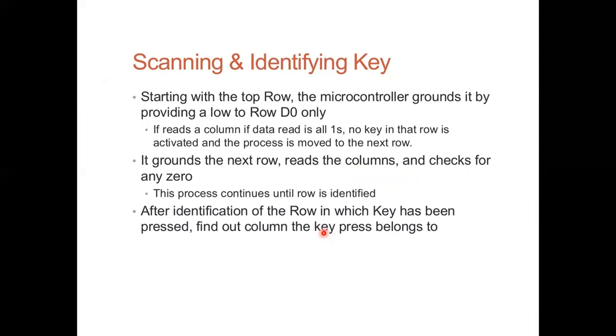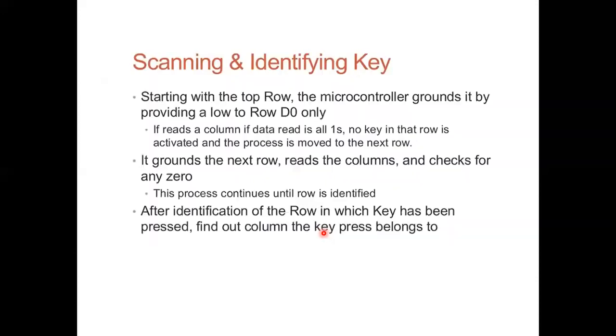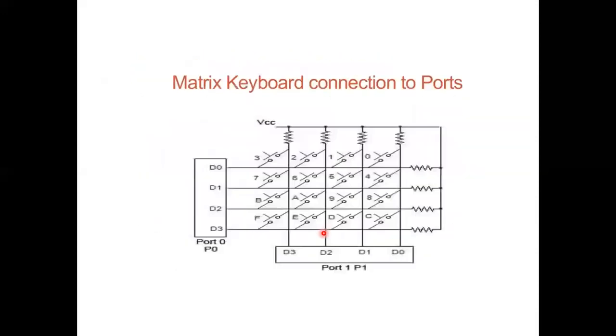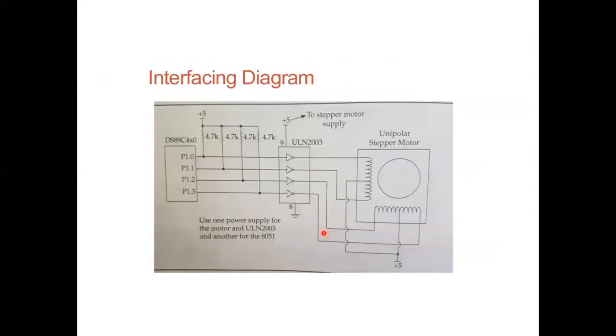This process continues until the row is identified. After identifying the row in which the key has been pressed, find out which column the press belongs to. So which row and which column is defined.